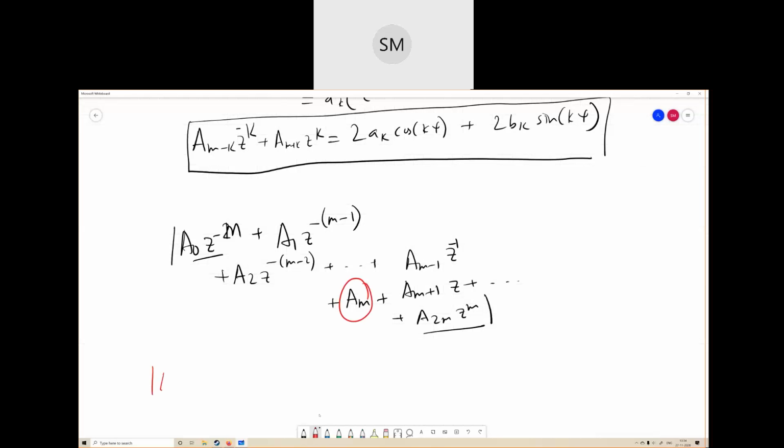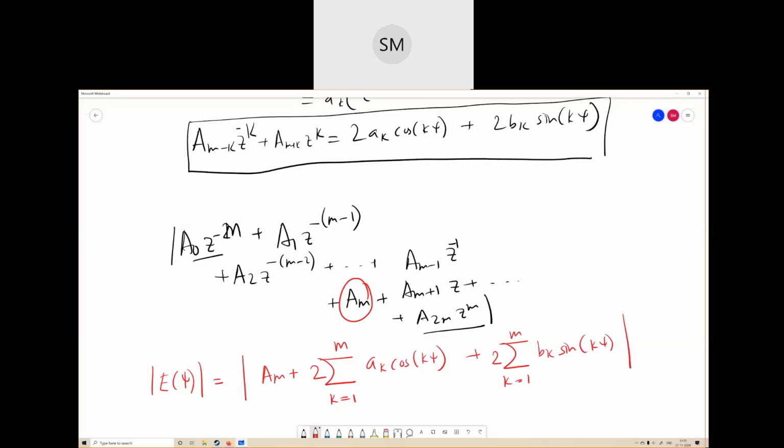So E of psi is equal to am plus summation k equal to 1 to m ak cos k psi plus summation k equal to 1 to m bk sin k psi. Can we write this? Is it okay to write?